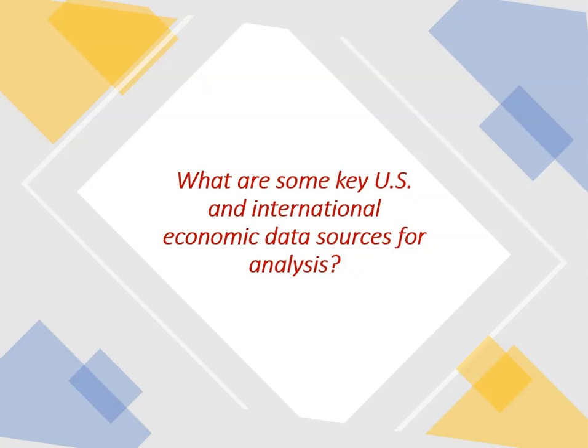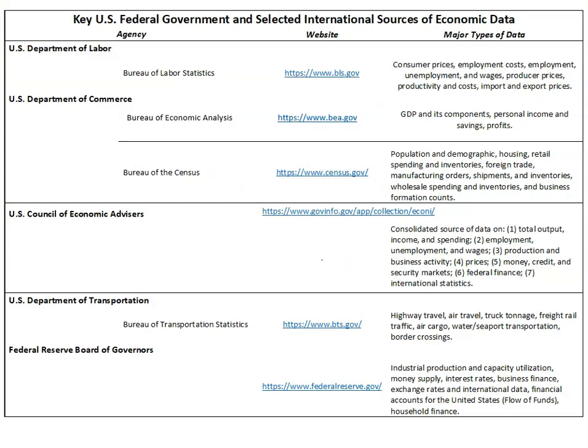What are some key U.S. and international economic data sources for analysis? Take a moment to consider some of these websites for major economic data sources. Of course, some of the data from those sources are consolidated into other databases, such as FRED.